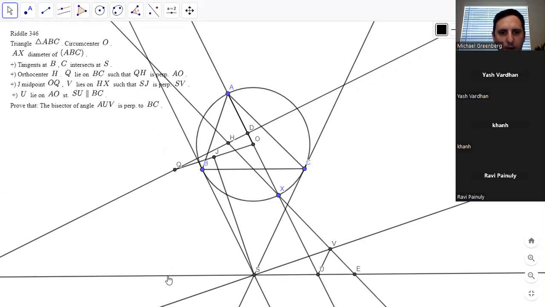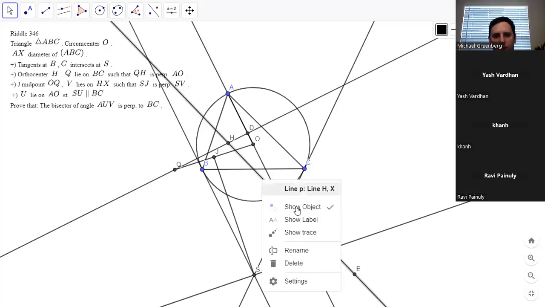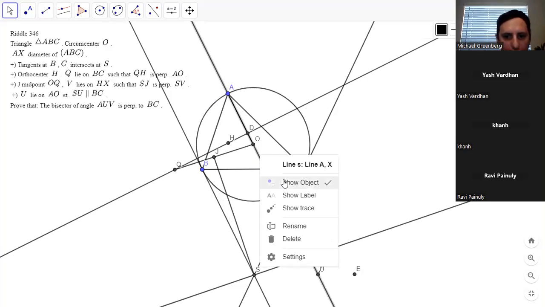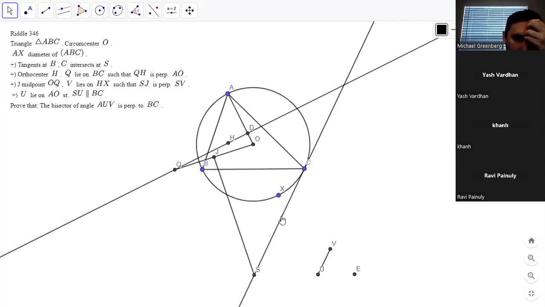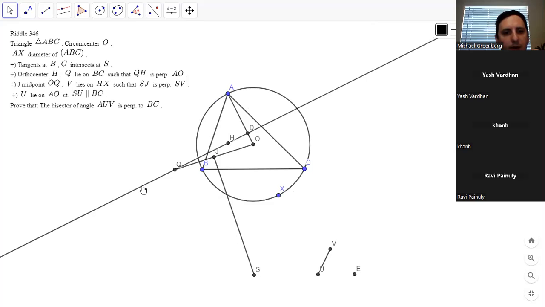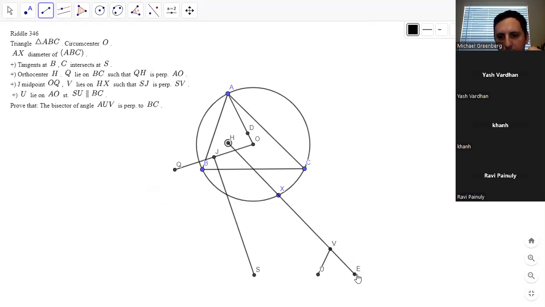So yeah, a lot of information. I'm going to hide everything and then redraw it all. Where did I even use point X? Oh, because V lies on HX. Okay. So this obviously passes through the midpoint of BC. So yeah, these concur at the midpoint.